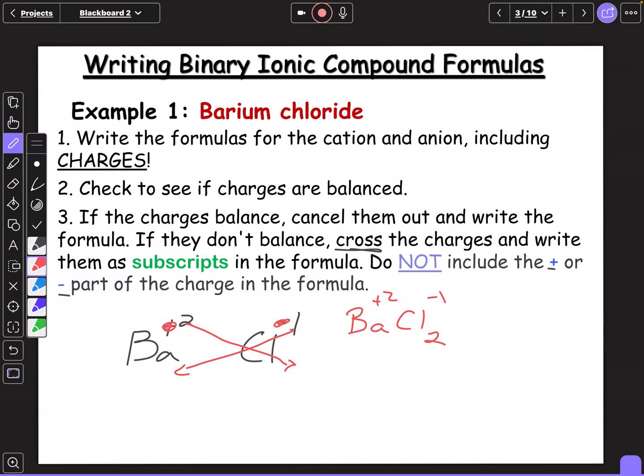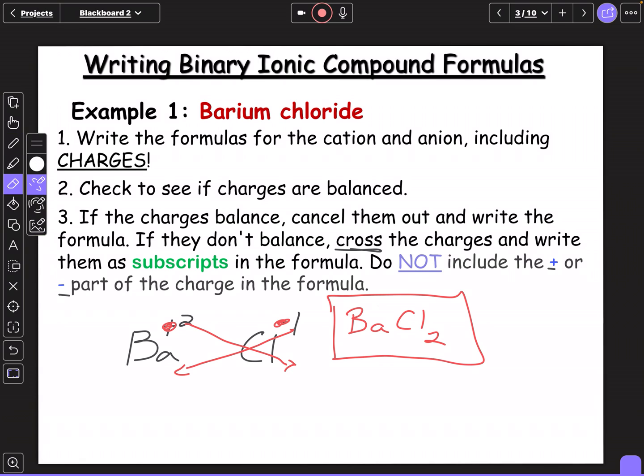That's wrong. I cross those, and I also don't bring my positive and negative down. Then that's the formula. It takes 2 chlorines to balance out the barium. Now, what other way could you do this, if that's kind of confusing to you? I'll show you one other way.